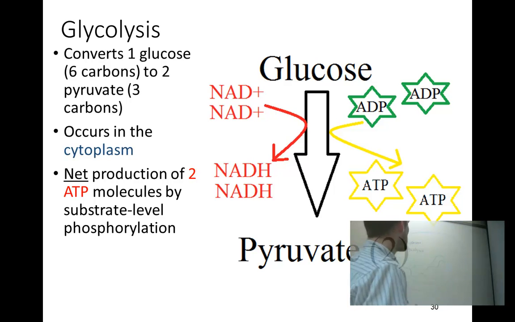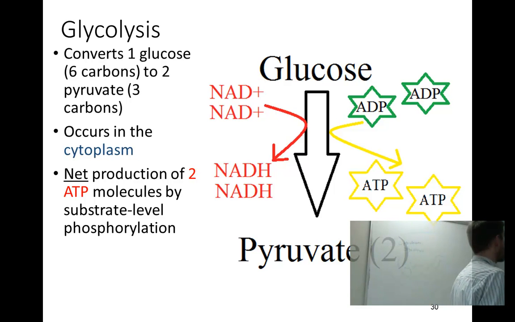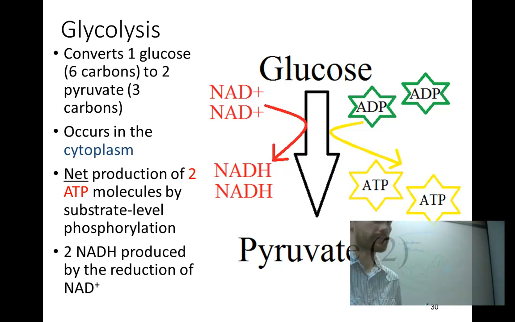Okay, when you break glucose into pyruvate molecules, you get 2 ATP. So already we're getting energy. And you also reduce 2 NAD plus molecules into NADH. All right, so of these 4 molecules, which have the most potential energy?